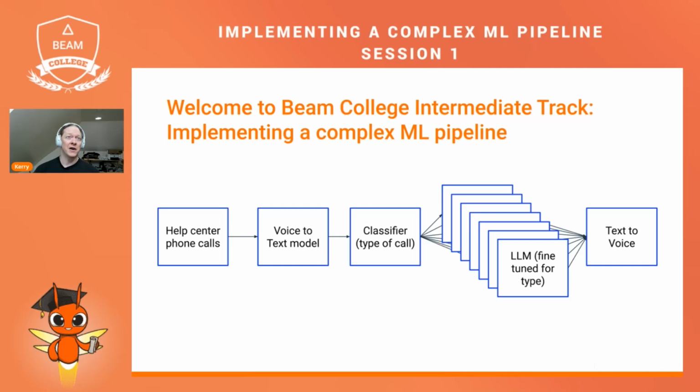The calls from the classifier then take each separate category of text and send it to a different model. In theory, this could be an LLM that is fine-tuned for the particular use case, although for the purpose of this exercise, we'll actually use the same model for all different categories. Finally, we'll take the output of that model and turn it back into voice. The idea is that our system could take a call, find an appropriate response, and then give it back to the customer. Realistically, though, the latency involved might mean you would want that to be a callback rather than something where they have to wait on hold.